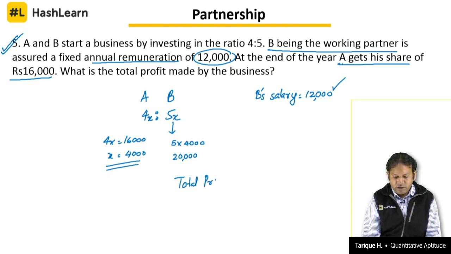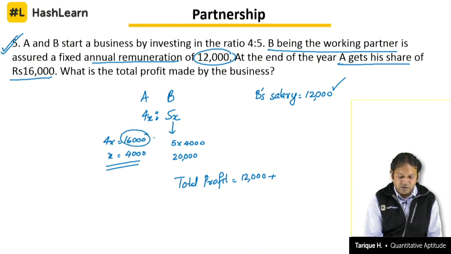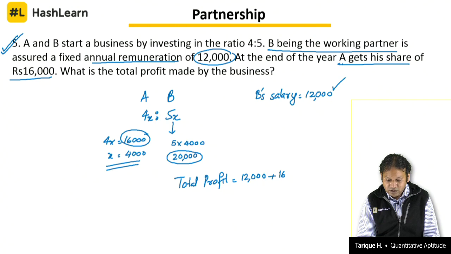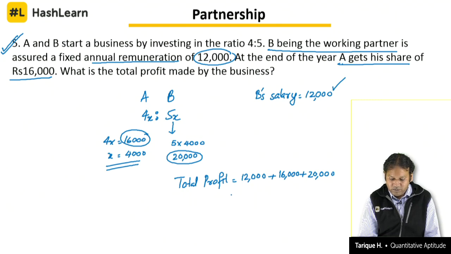First money was given to B, that is 12,000, then the remaining profit was given to A 16,000 and B 20,000 based on their investment. 16,000 plus 20,000. So 20 plus 12, 32 plus 16, 48,000.